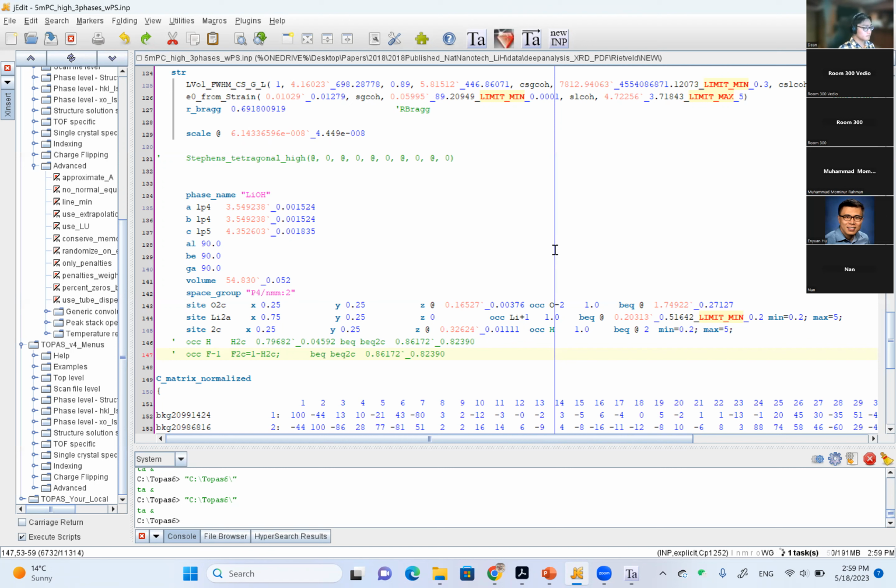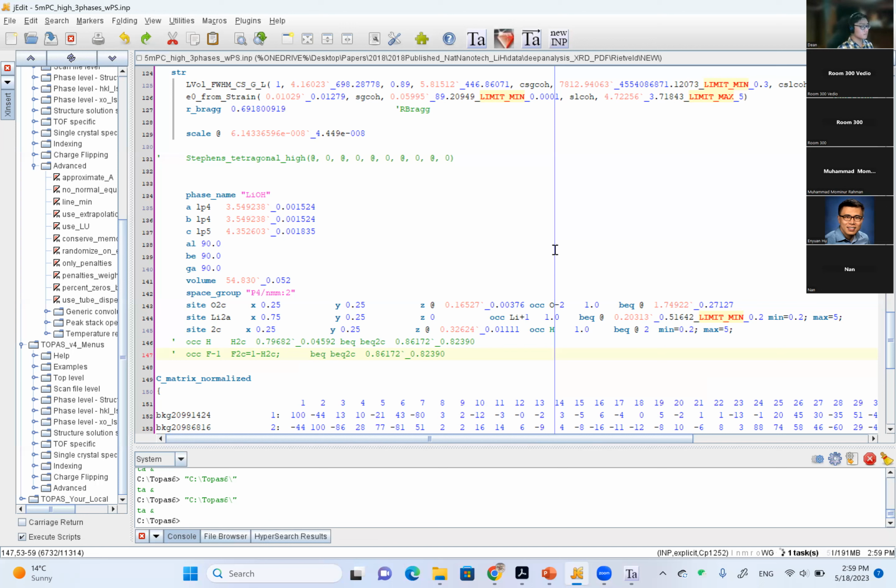I do that by doing the structureless refinement first. I just approximate the intensity of peaks using a mathematical function, not the structure. And after I get the accurate intensity for each peak, then I start analyzing and try to deduce what the structure should be like.